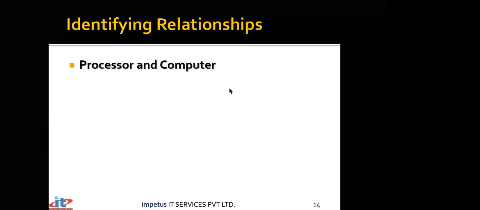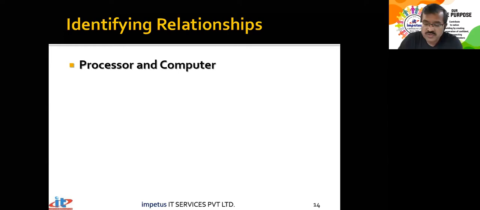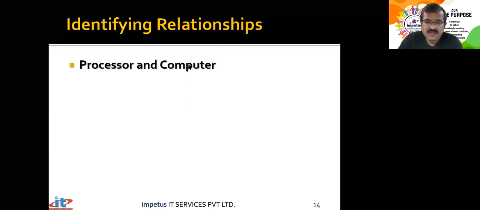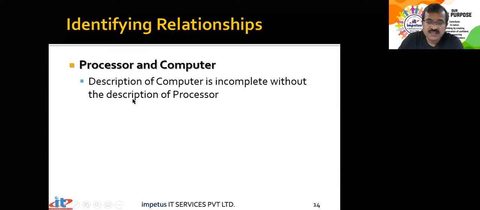So here, what is whole and what is part? Whole is computer and a part is processor. And processor is an object of which class? A processor is an object of class Processor. So what Smita has answered is a perfect answer. Description of computer is incomplete without description of processor.